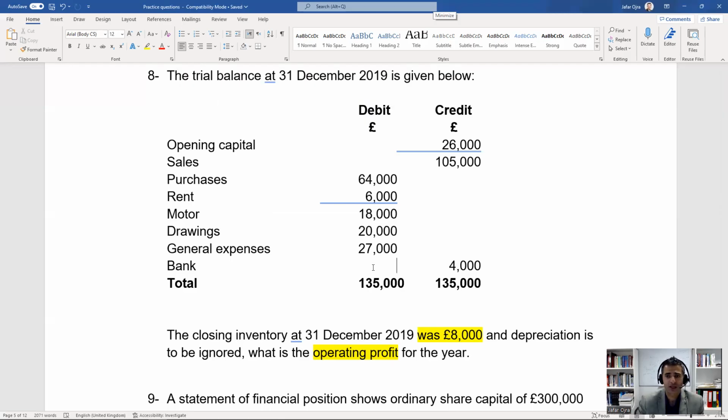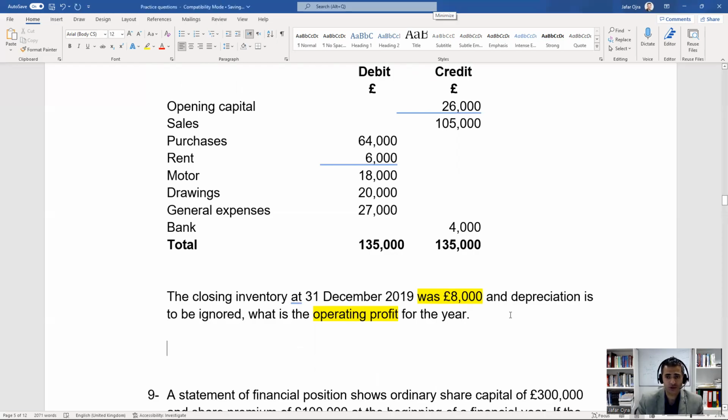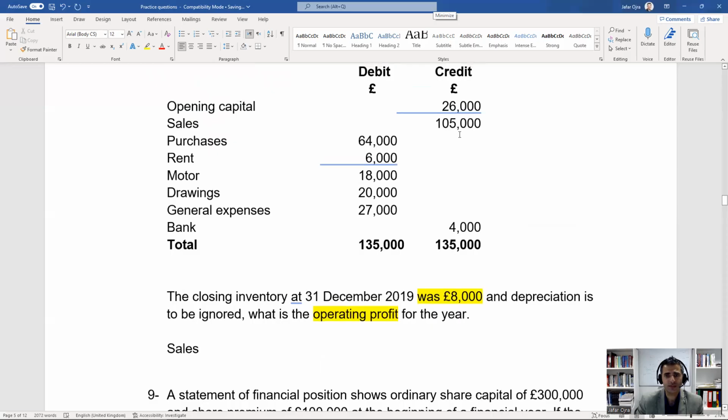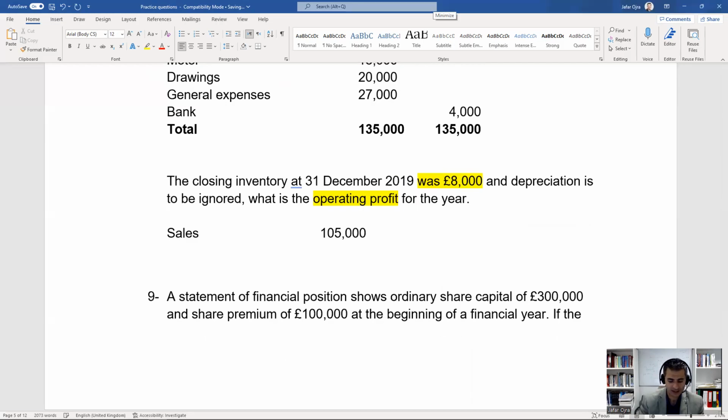So let's figure out how to calculate the operating profit. I think at this point you should be able to calculate that straight away, the sales and cost of sales. Let's do it together. Sales equal £105,000 minus cost of sales.